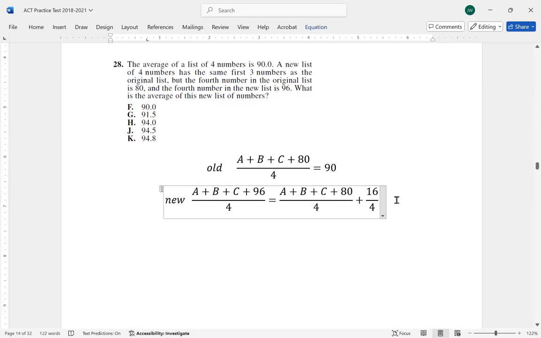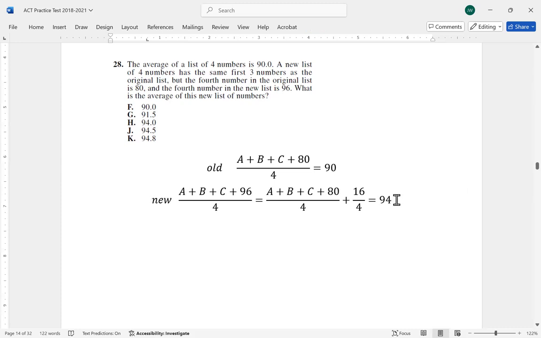So the new list has an average of 90 plus 4, which is 94. So 94 is the correct answer to question 28, and that is option H.